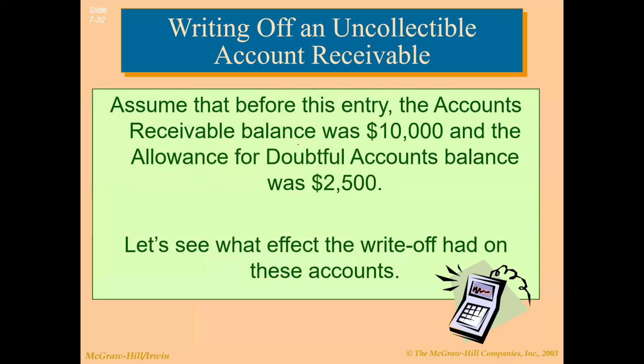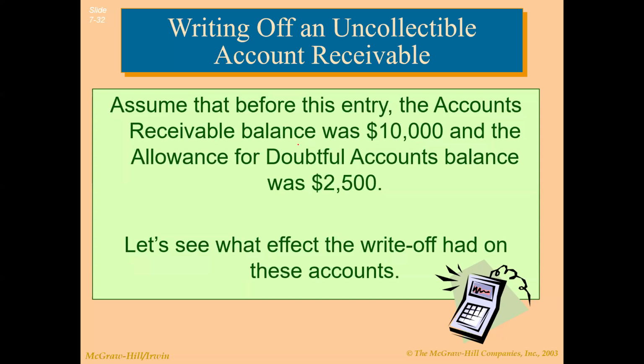Then you may think earlier that you will not be able to get back your money, but later on it is determined that one of the customers is willing to pay you back. So for this purpose, we usually make two entries.